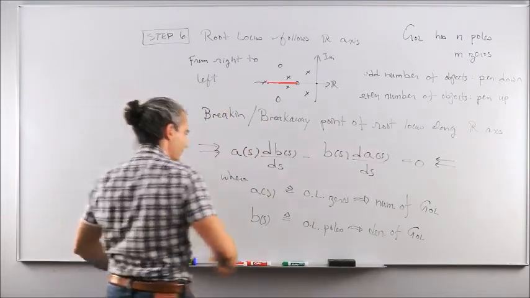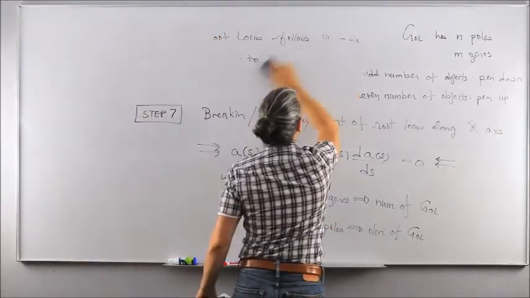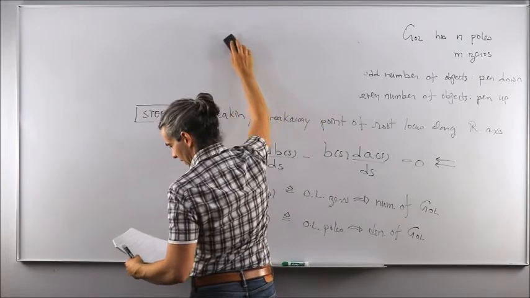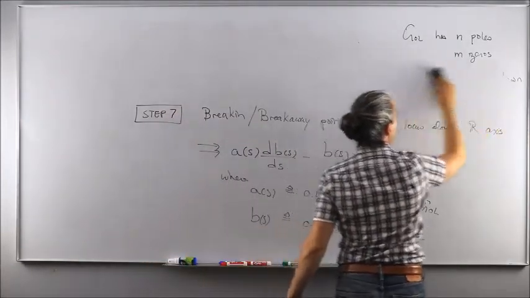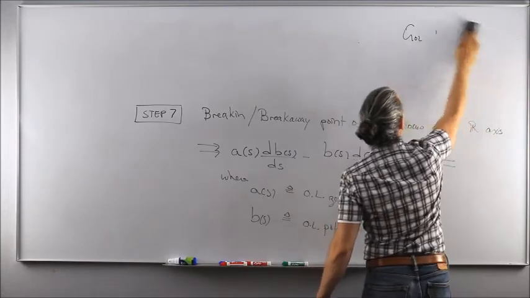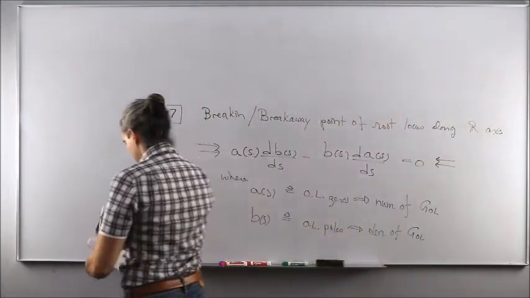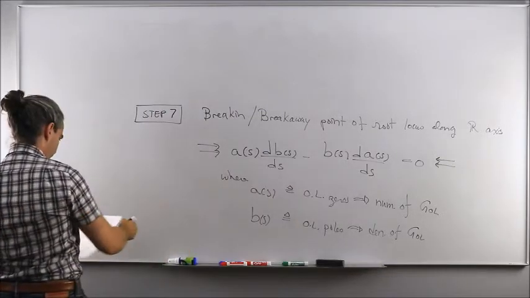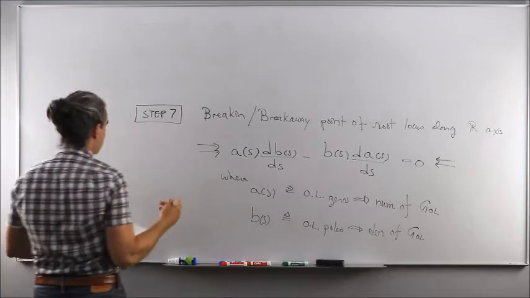2 steps remaining. Step 8. Step 8 is about figuring out the arrival or departure angles of complex conjugate poles or zeros, okay?